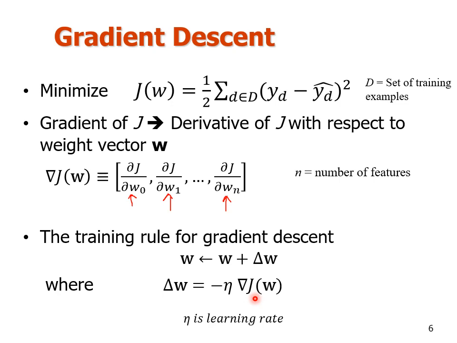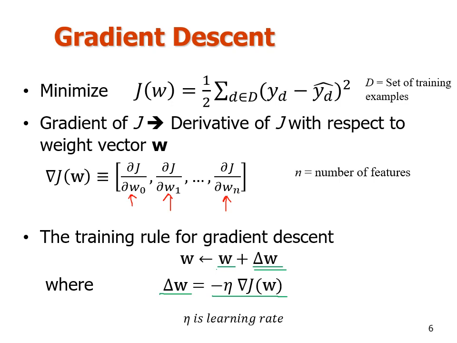So I'll repeat once again, the training rule for gradient descent is making some small update in the weight vector. The new weight vector gets updated as the old weight vector plus a small change in w denoted as delta w. So w equals w plus delta w, and this delta w is represented as equal to minus eta times del j of w.